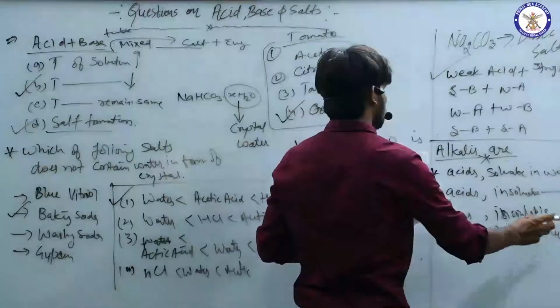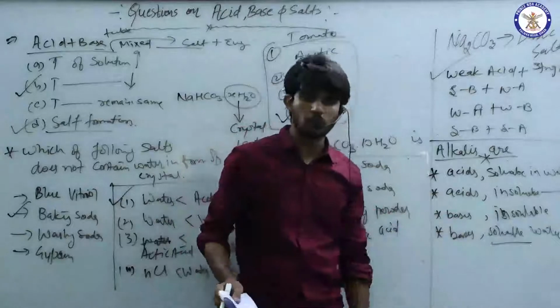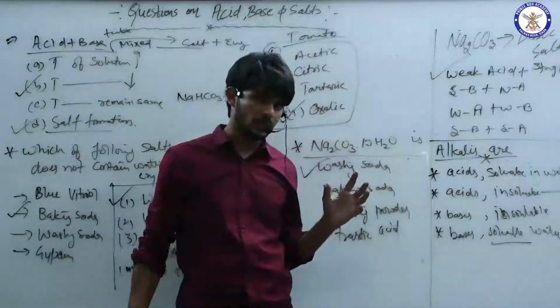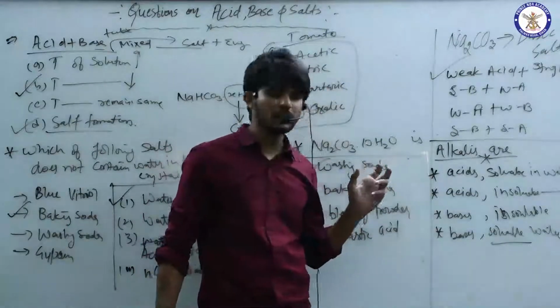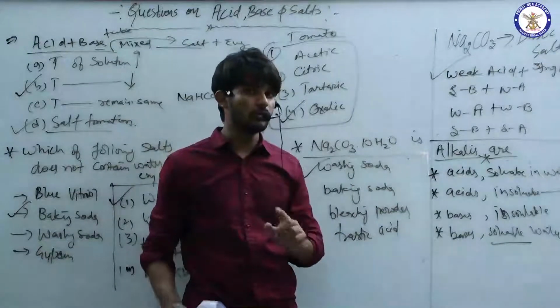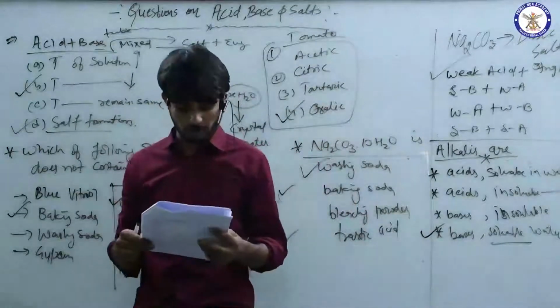Again, alkali metals are bases, but we need to find whether they are soluble or insoluble. Their hydration energy is much higher. These alkali metals react fast with water, hence they are soluble in water. So the right answer would be base and soluble in water.